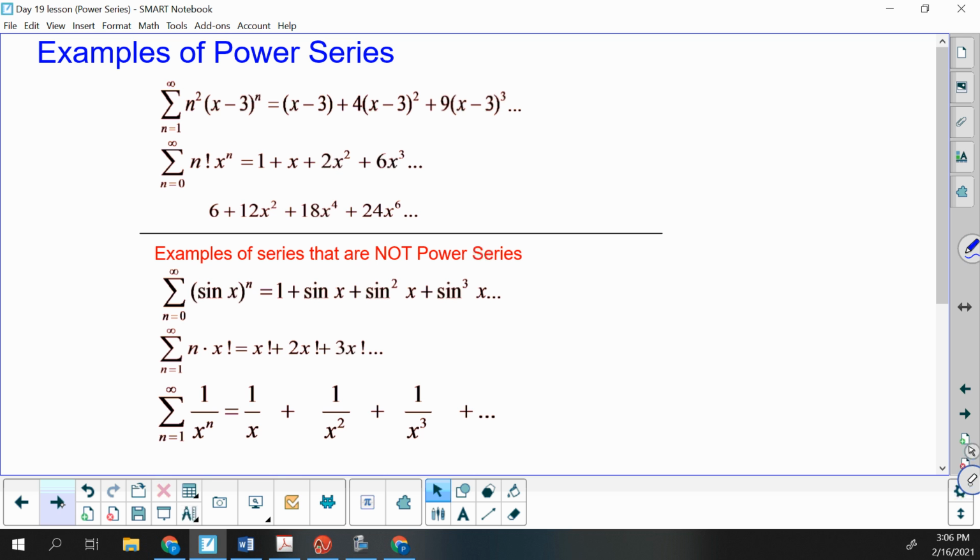So in the top one, the center's 3, because it's always x minus whatever your center is. In the second 2, it's 0. That center cannot switch. It's got to be consistent throughout. And then there's some type of pattern with coefficients out front. And that pattern of coefficients could change depending on what you have. Now, it can't be factorials, can't be things in the bottom, can't be trig functions. So those are all not power series.